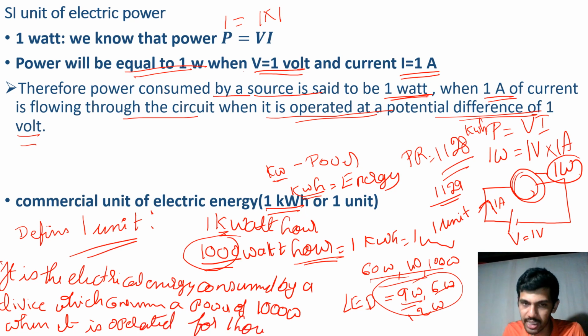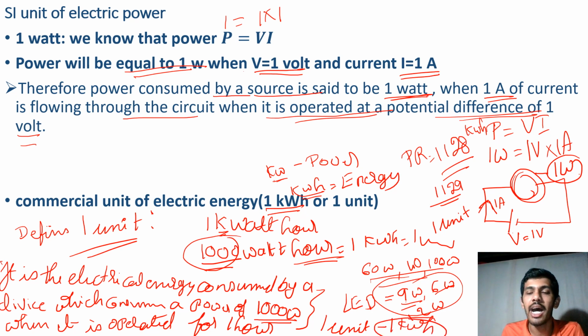There is a device whose power is 1000 watts. If that instrument is used for 1 hour, then the commercial unit of electrical energy is said to be 1 unit or 1 kWh. Remember, 1 kWh and 1 unit are one and the same.